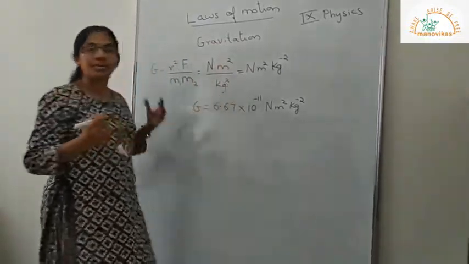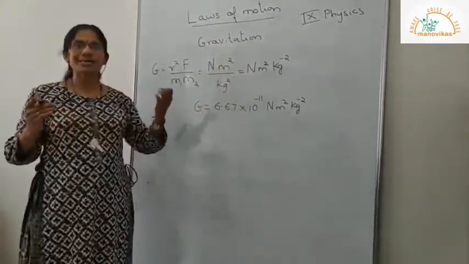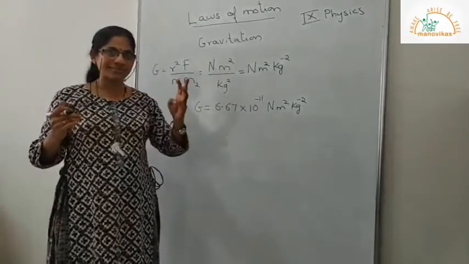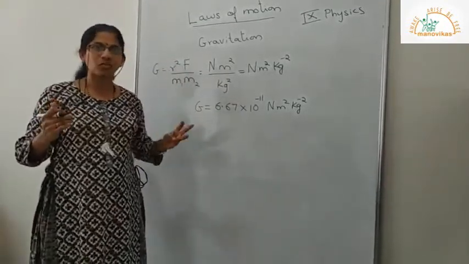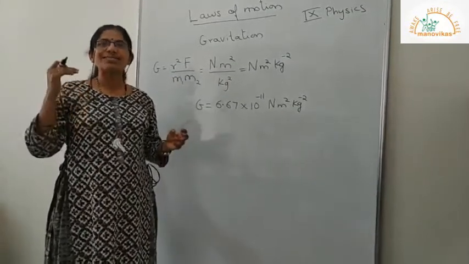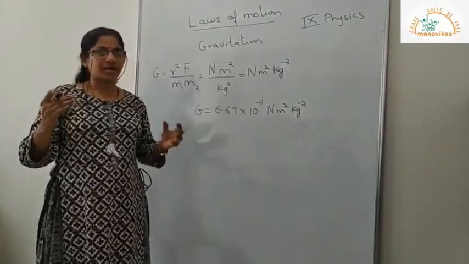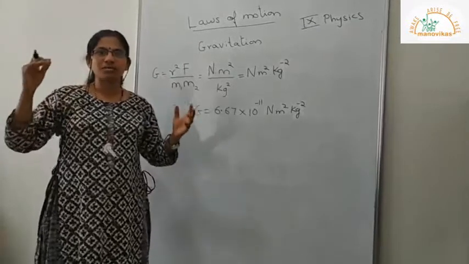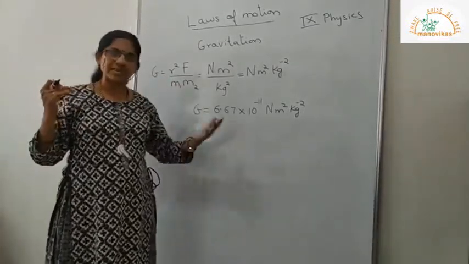Characteristics of gravitational force. First thing, it is an attractive force. It is more significant as far as heavenly bodies are concerned, because of their massive mass, it is more significant there.